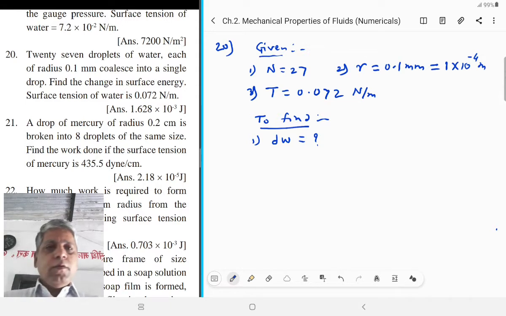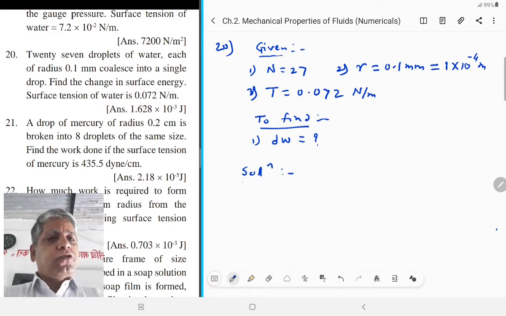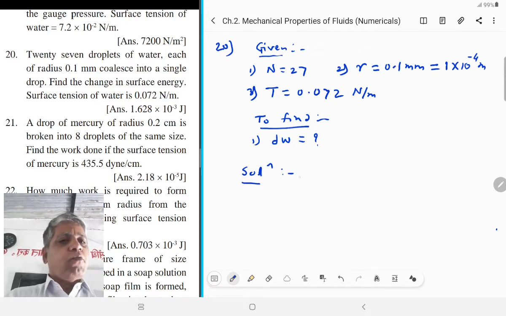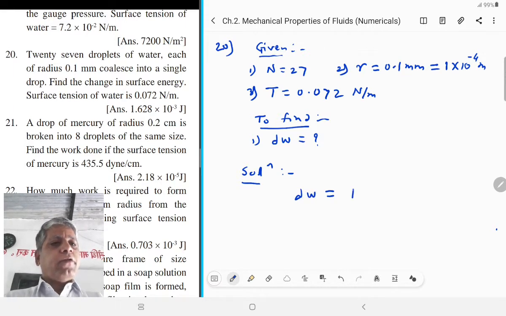Now we know that the expression for the change in surface energy, that is the work done, dW is equal to surface tension into change in surface area.